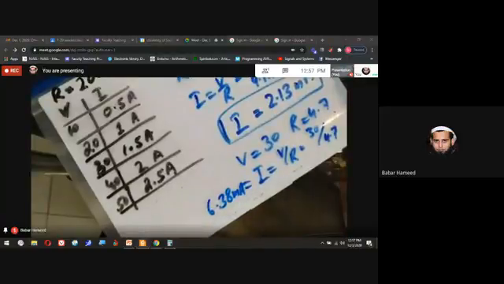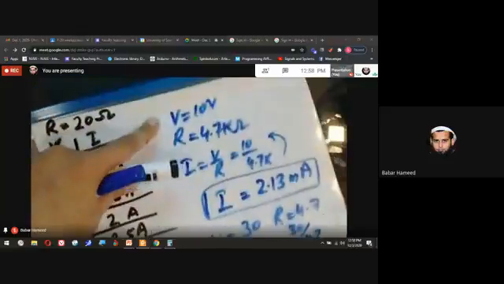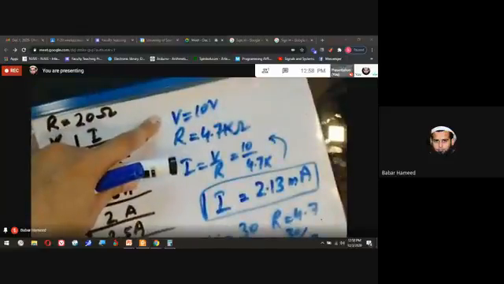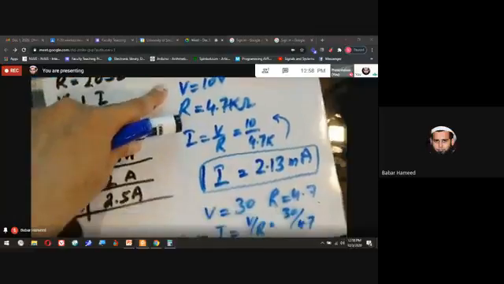So if we increase the voltage, the current will increase by the same percentage. If voltage is 3 times, current is also 3 times the original value. And here is a question for you: if the voltage is quadrupled, meaning the voltage here was 10 volt and I make it quadruple, then what will be the value of current? You have to answer in the interactive session.